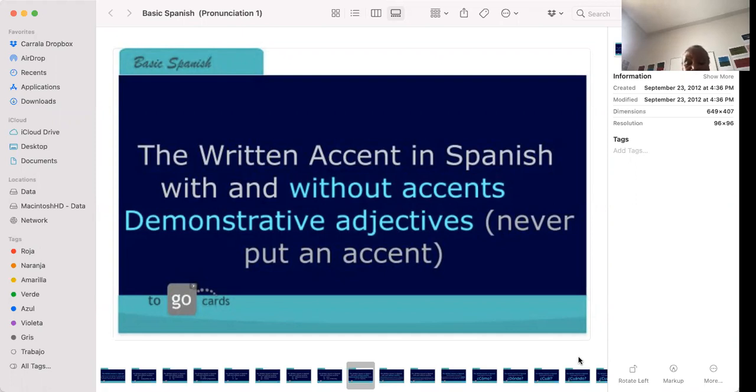versus the demonstrative pronouns. A demonstrative adjective is this, that, these, those, but it's modifying a noun. This house, that house, these houses, those houses.